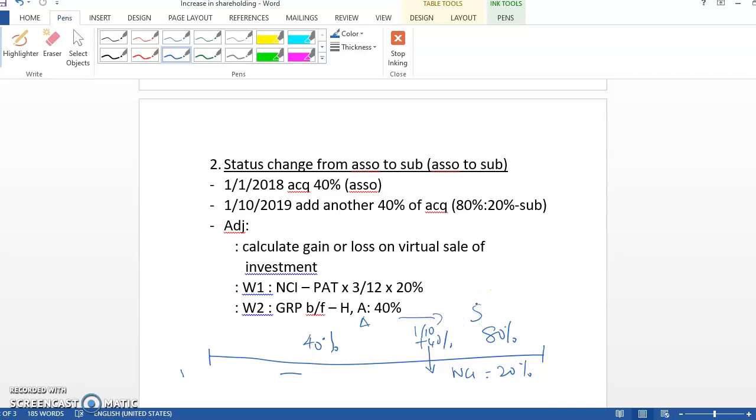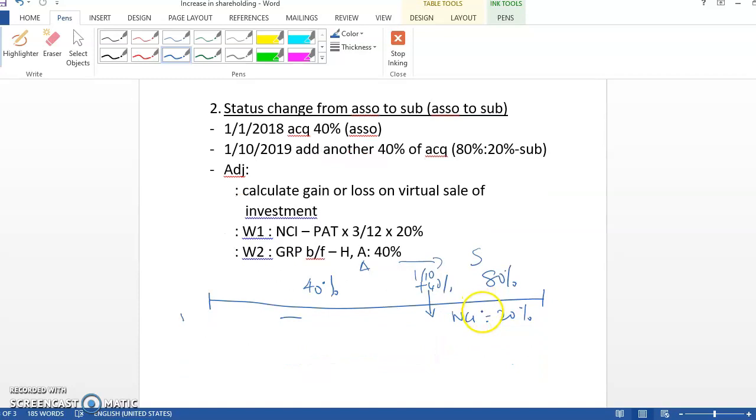Okay, ASO to sub. So when we have ASO to sub, for working number 1, your NCI, you don't have before and after. Why don't you have before and after? Because this is before, right? Before you are not a subsidiary, so not included in the NCI. You are only the subsidiary after the additional acquisition of 40%. So that's why your NCI is profit after tax times 3/12 times 20% straight away, like what we did before.